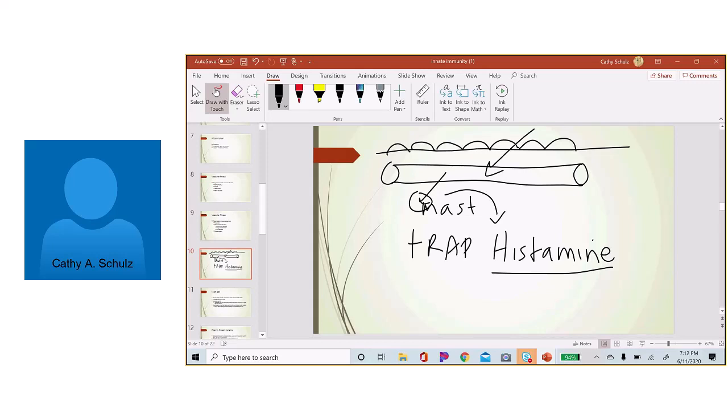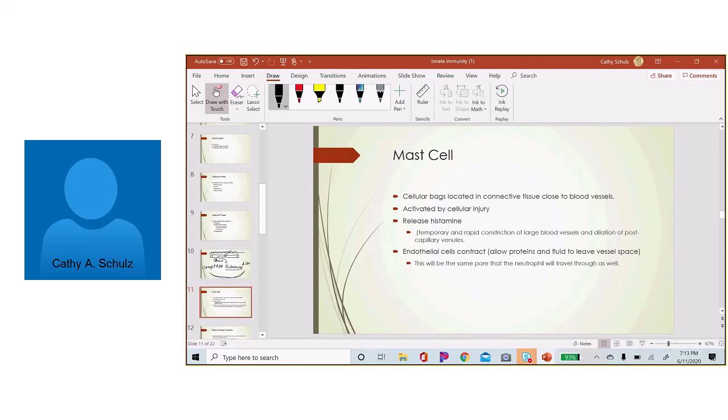So the arterial side clamps down and the venous side dilates. So everything is slowed down here. If we have dilated vessels, that area will be warm and will be more pink in color just because of the vessel dilation. So we've already achieved two of those symptoms that we talked about.